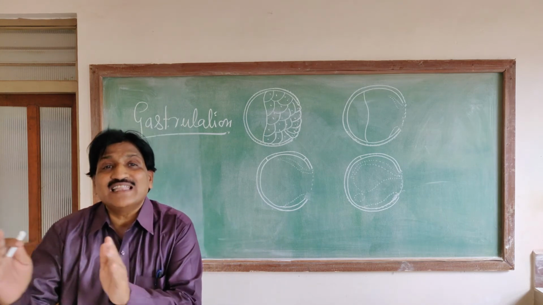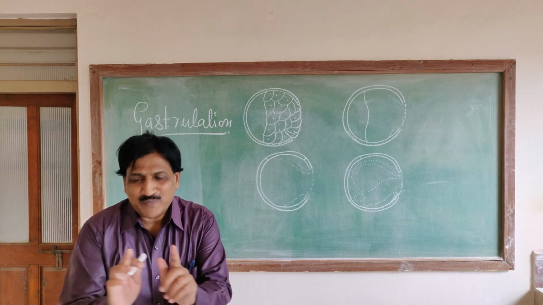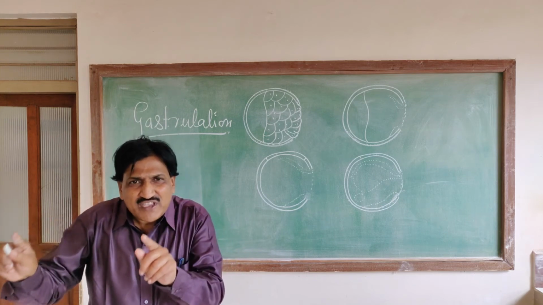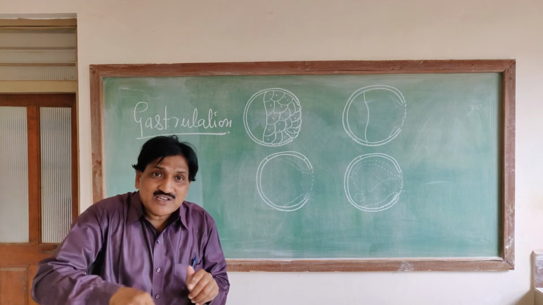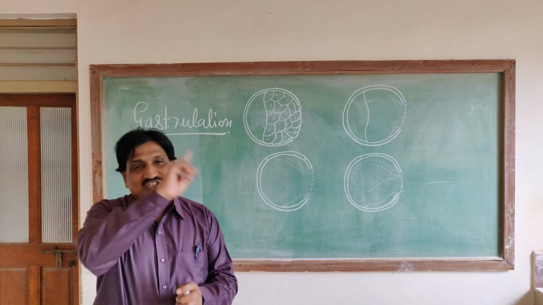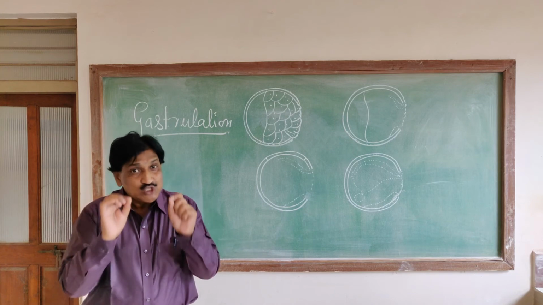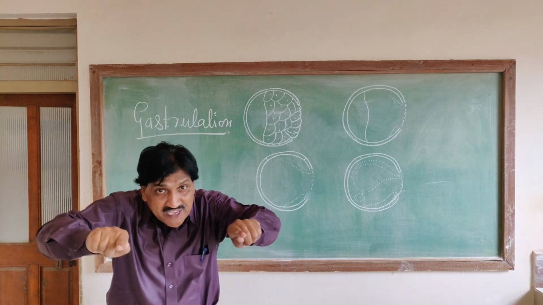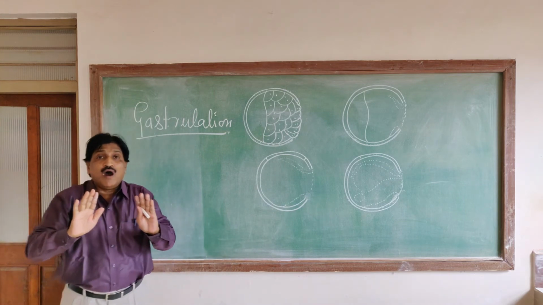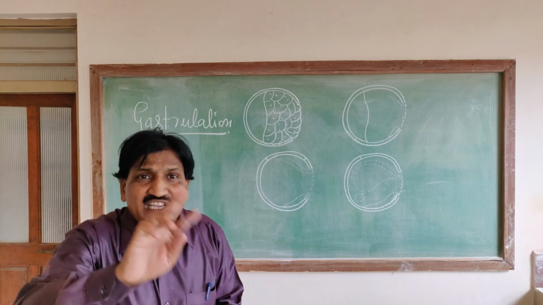Such a specific path movement of blastomeres during gastrulation is called morphogenetic movement. This is a 2 marks question.